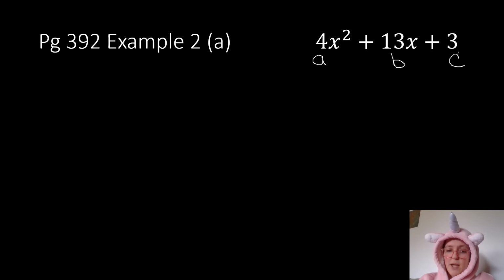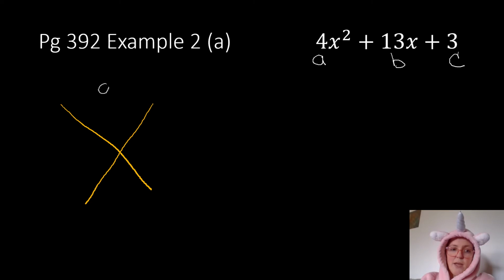We're going to take our A, B, and C, and put them in our X frame. So we're going to do our X like this, and it's all floppy again. That's okay. We're going to put our A times C on top and our B on the bottom.